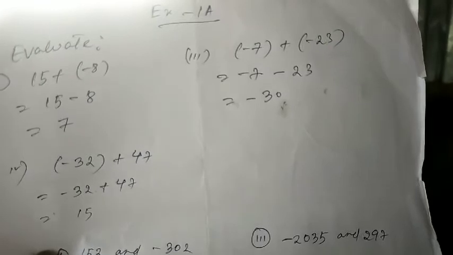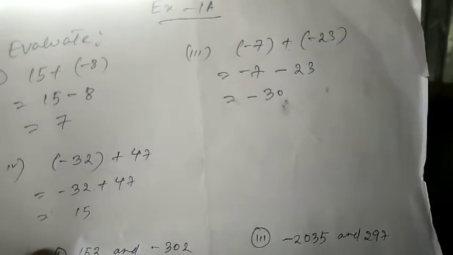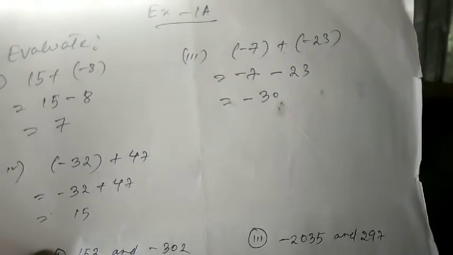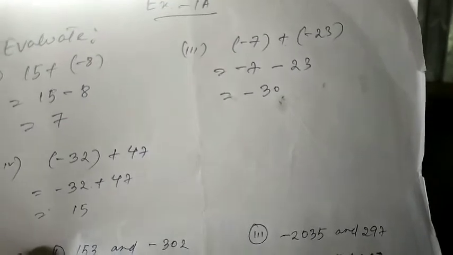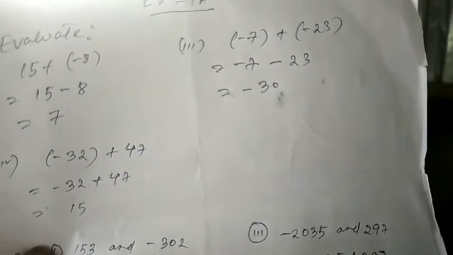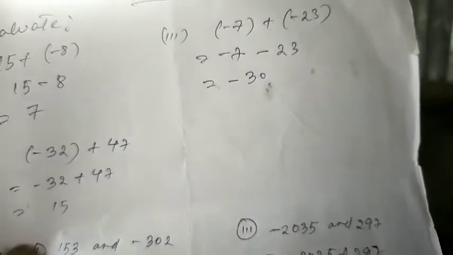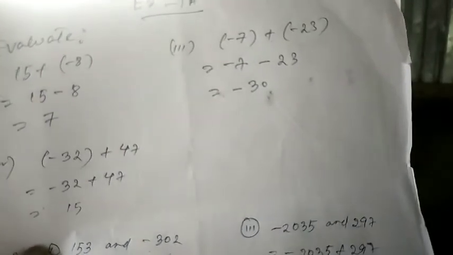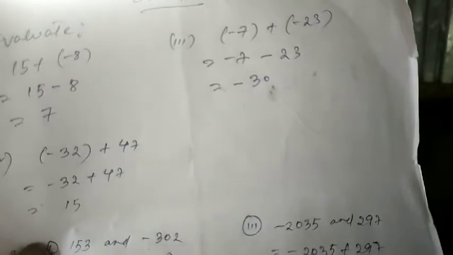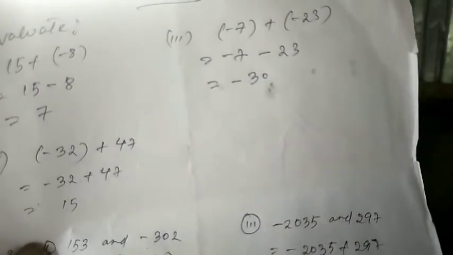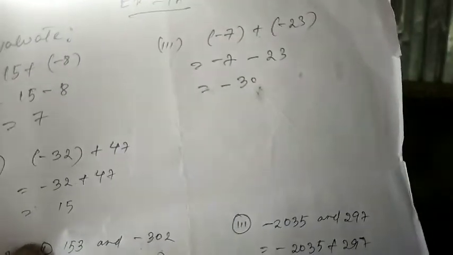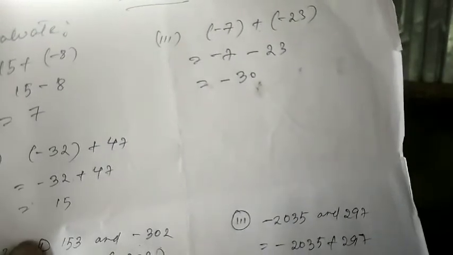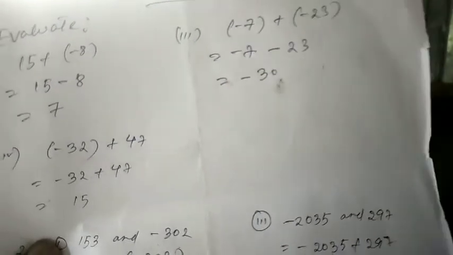Now when there are two numbers with both negative signs, we have to do addition, but the sign will remain negative. So 7 plus 3 becomes 10, so 0 and 1 in hand. 7 plus 2 becomes 9, with the one in hand it becomes 3, so it becomes 30. As both numbers have negative signs, it will have a negative sign.